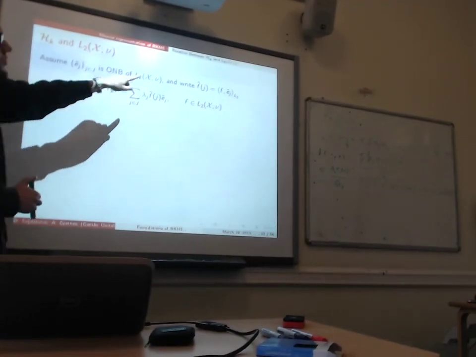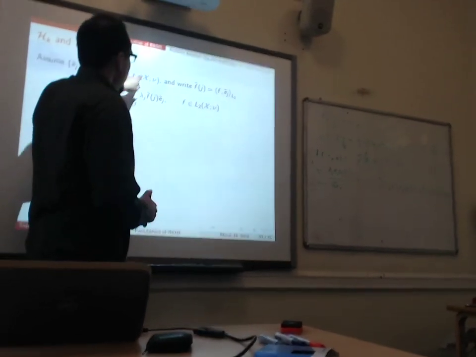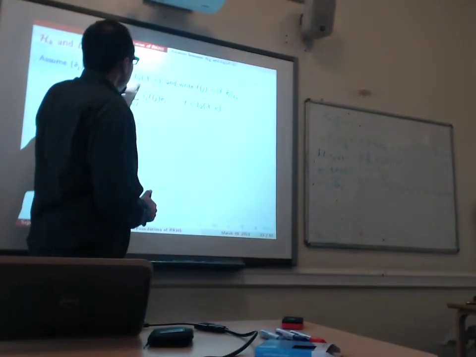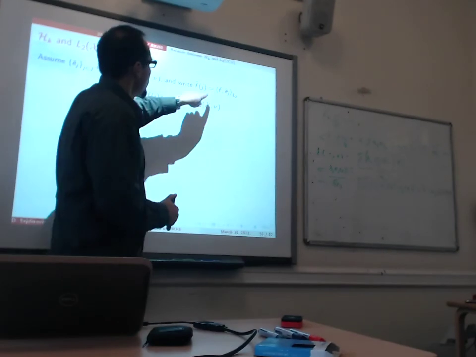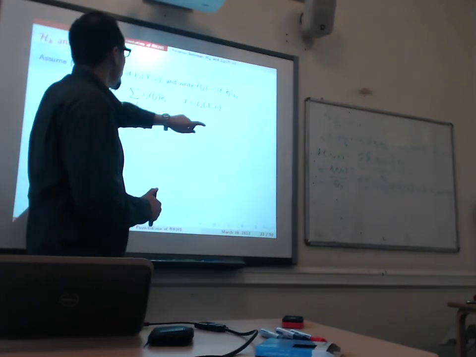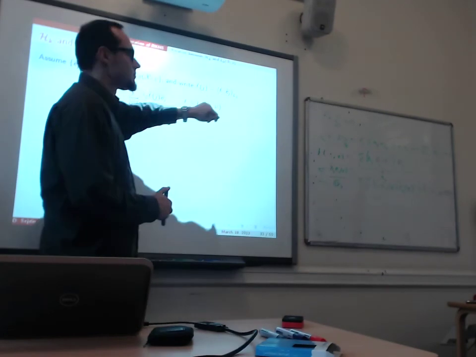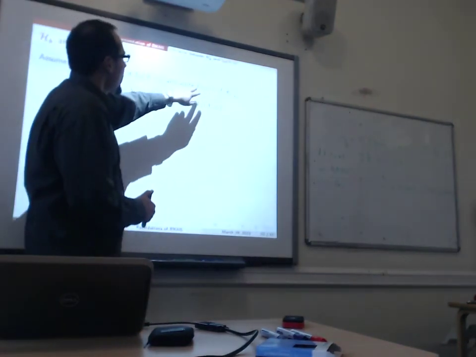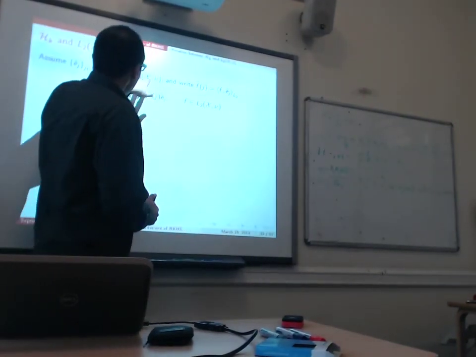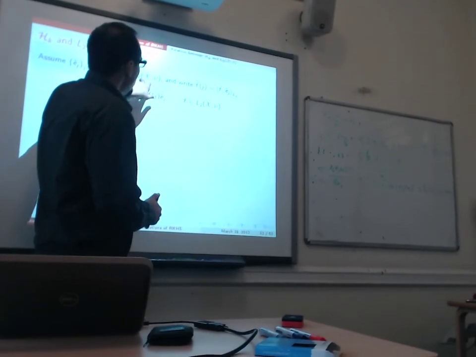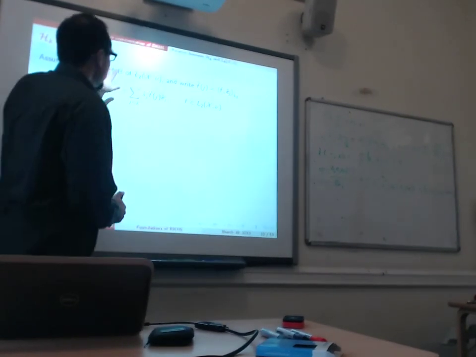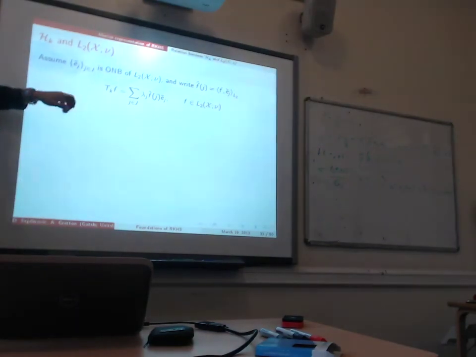So for every f in L2, I project it onto an element in the orthonormal basis. So these are like Fourier coefficients, if that was a Fourier basis, yeah?